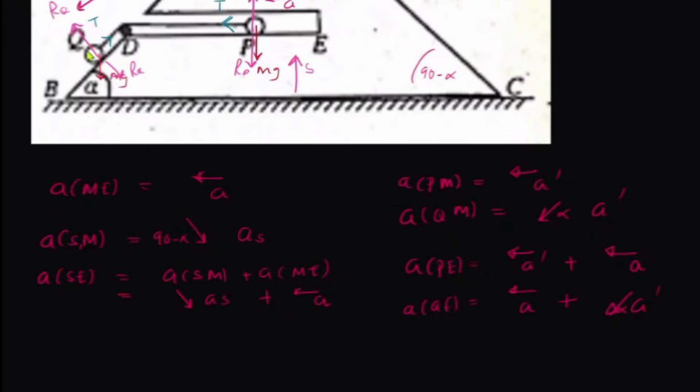So guys, we have all the accelerations: of the wedge relative to Earth, of S relative to Earth, of P relative to Earth, and of Q relative to Earth. So these four are there.